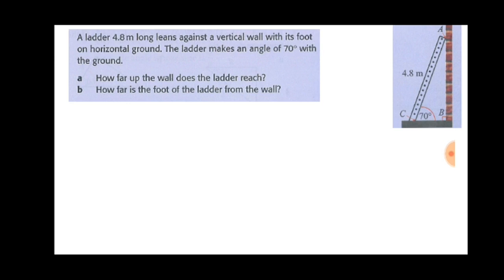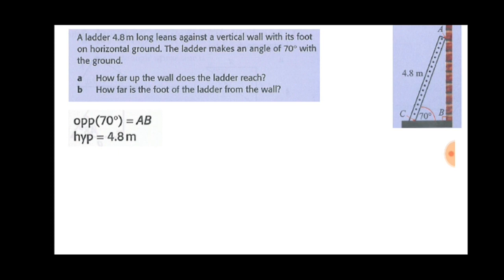A ladder 4.8 meters long leans against a vertical wall with its foot on horizontal ground. The ladder makes an angle of 70 degrees with the ground. How far up the wall does the ladder reach? We need to find the length of AB in question A. Opposite of 70 degrees is equal to AB and hypotenuse is 4.8 meters.